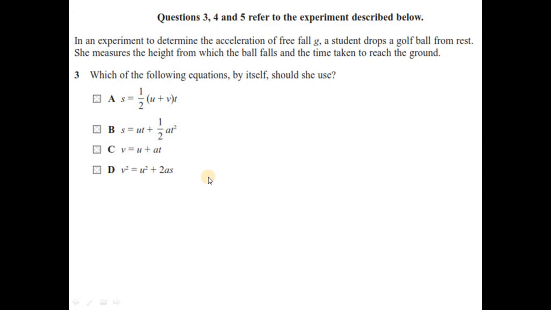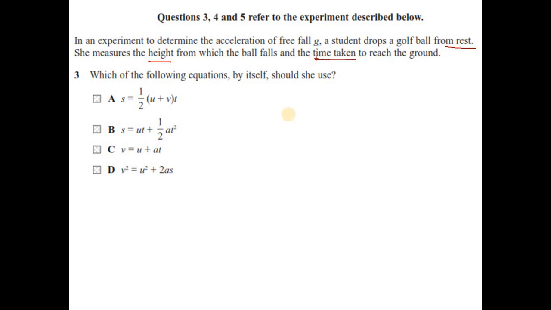Questions number 3, 4 and 5 refer to the experiment described below. In an experiment to determine the acceleration of free fall g, a student drops a golf ball from rest. She measures the height from which the ball falls and the time taken to reach the ground.